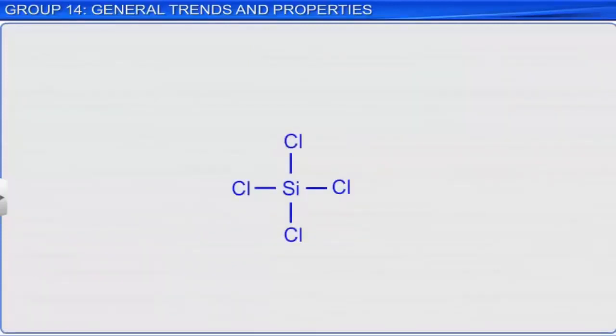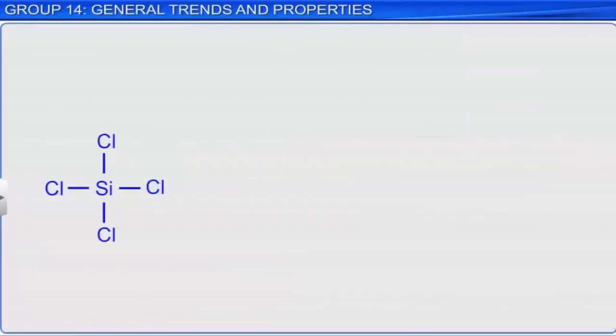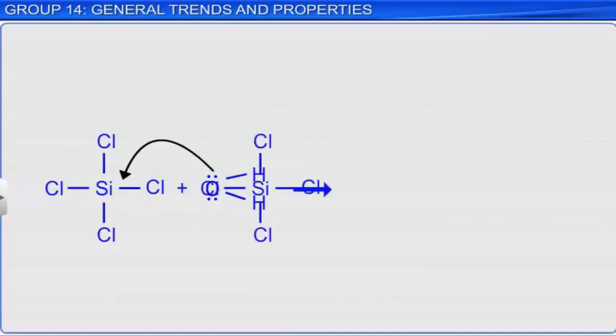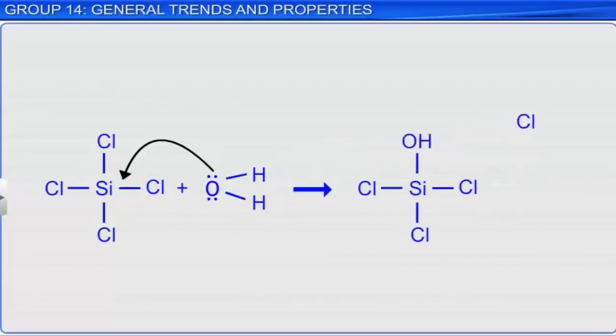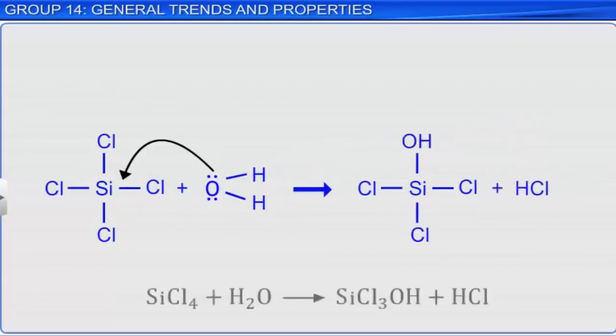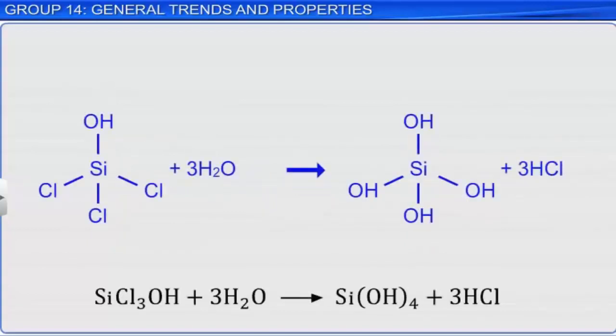The silicon atom in SiCl4 accepts a lone pair of electrons from a water molecule, forming SiCl3OH and HCl. This process then continues 3 more times, eventually forming Si(OH)4.